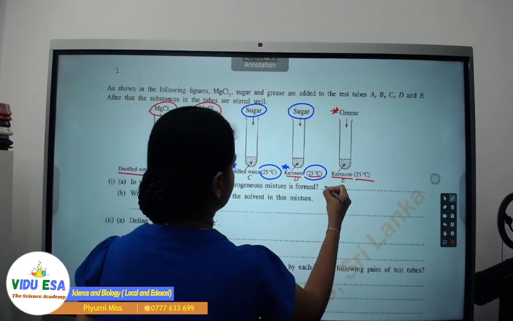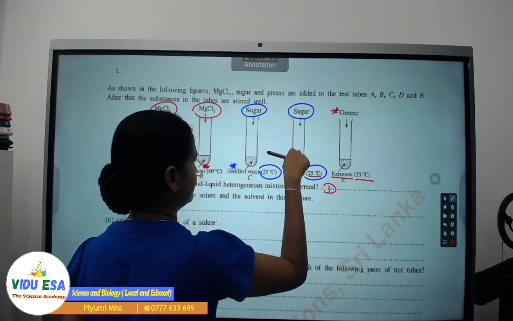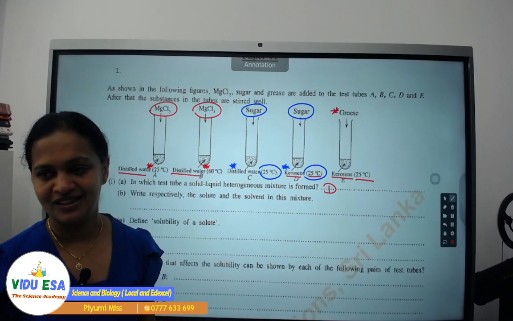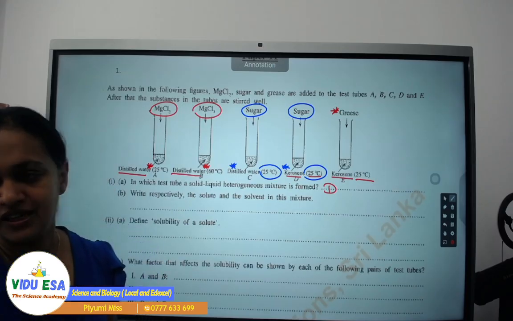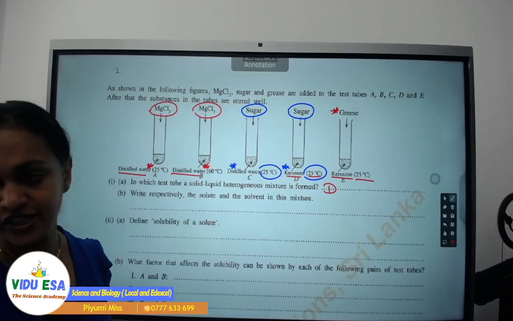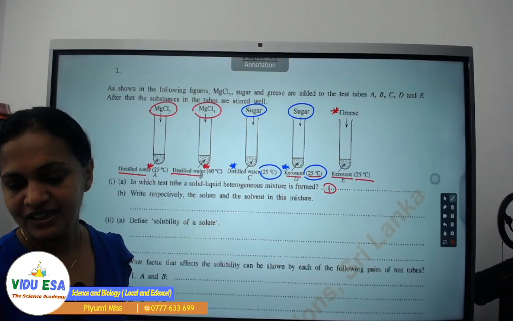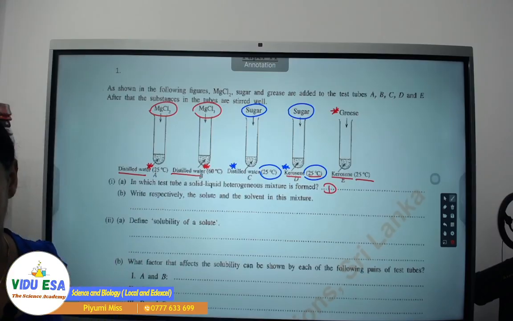D. Heterogeneous mixture because sugar does not get fully dissolved in kerosene. Therefore, it forms a solid liquid heterogeneous mixture. Right? For that, you get 1 mark. D, or the tube with sugar and kerosene. 1 mark.